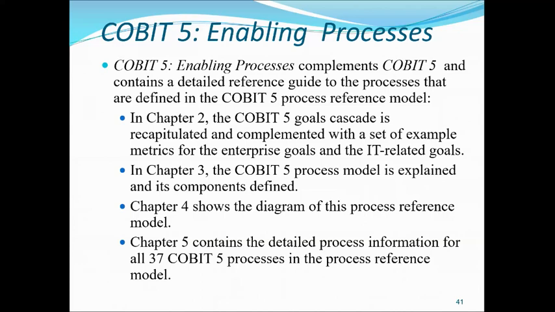So in that book, if you recall, different chapters are there. Chapter 2 describes the goals cascade. Chapter 3 describes the process model. Chapter 4 shows the diagram of the process reference model. Chapter 5 describes the detailed process information for all 37 processes in the process reference model.